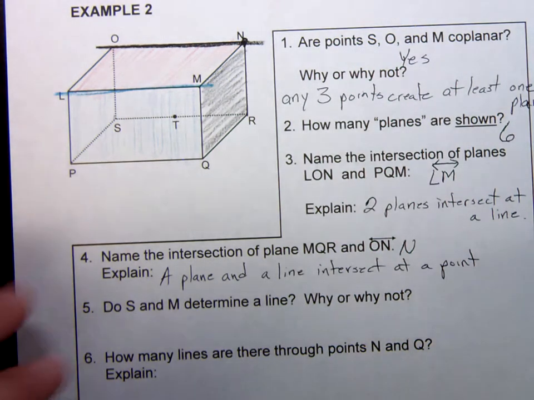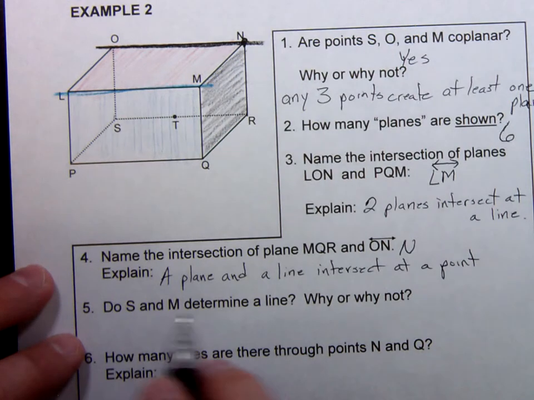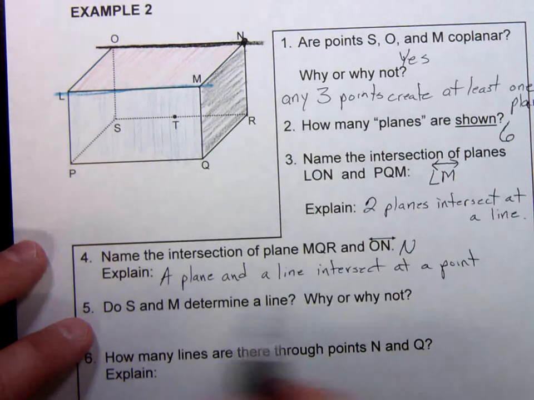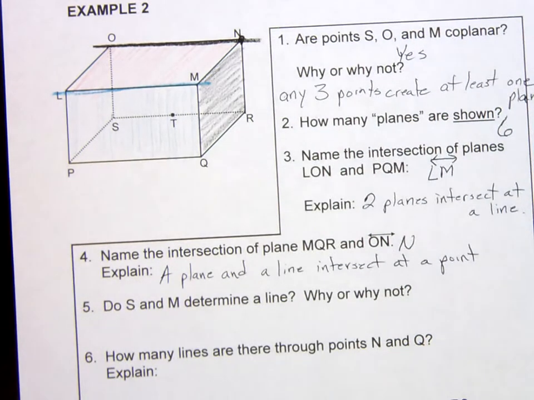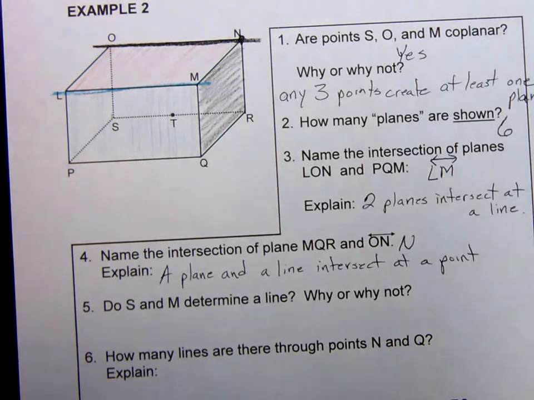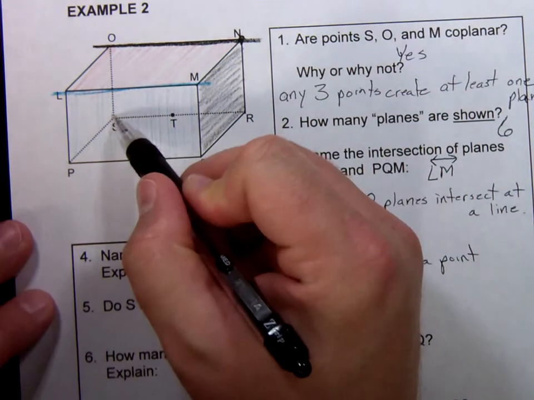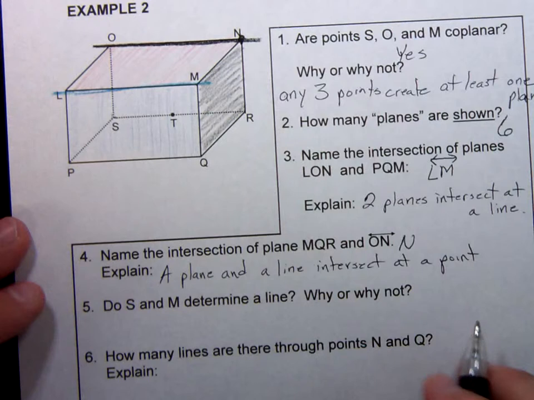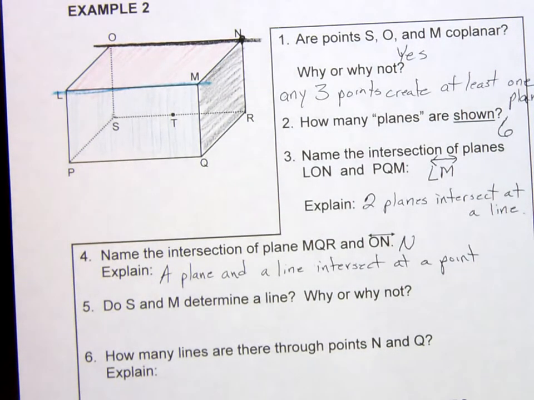Alright, do S and M determine a line? Why or why not? Now this is another example of something where the picture can be confusing, but I can answer this without ever looking at the picture. S and M. I don't see a line drawn through them. But just because it has not been drawn there does not mean that it doesn't exist. Remember, we learned earlier that 2 points always create a line.